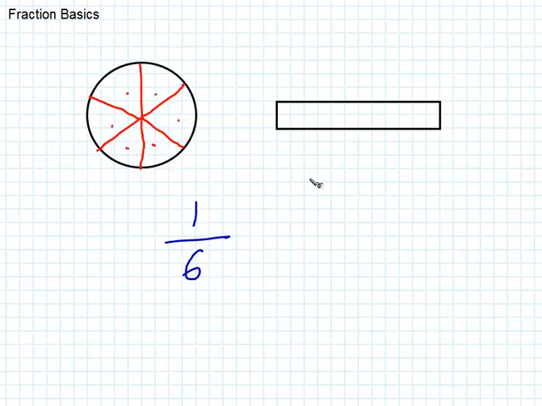That's a common way to slice up a pie. If you have 6 people, you can divide up the pie that way, or pizzas, things like that. Here, if this is 12 squares long, each sixth would be 2 squares long. Okay, 1, 2, 3, 4, 5, 6. Bigger number in the denominator.